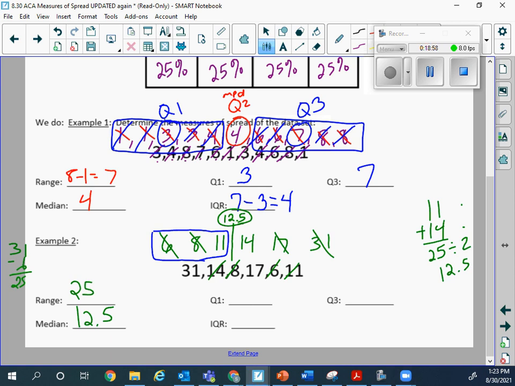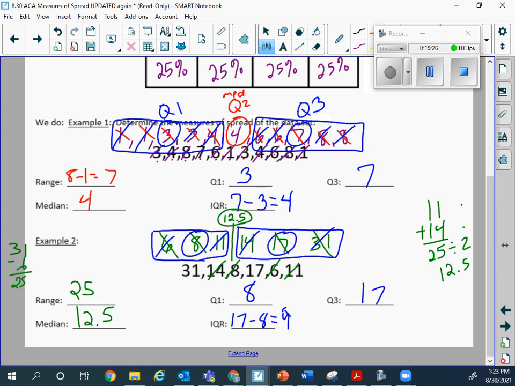So now that that's the lower half of the data, what is the middle number here? You see that Q1 is 8. And now when you do the upper half of the data, that's right, 17 is Q3. And then the IQR is just 17 minus 8, which is 9.